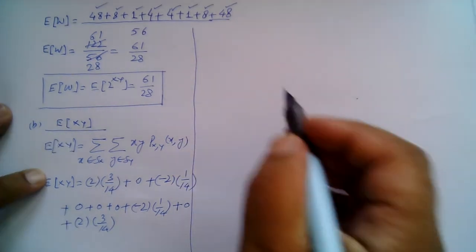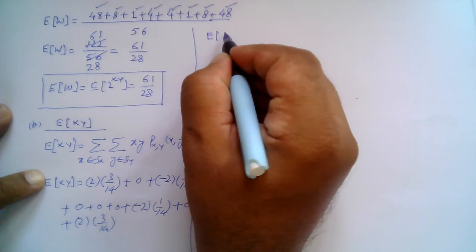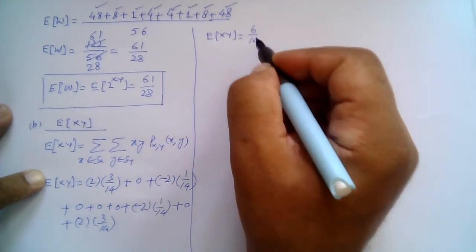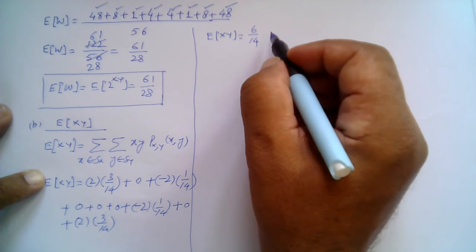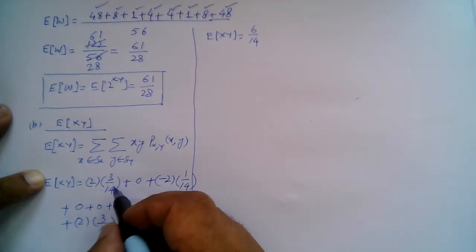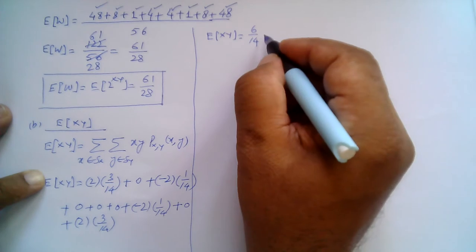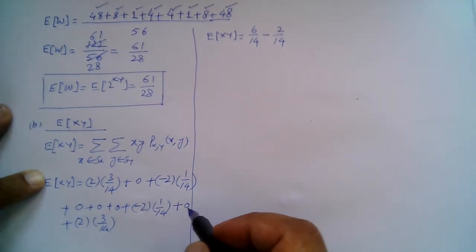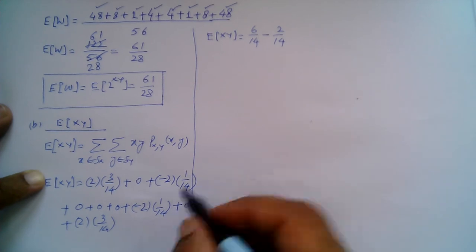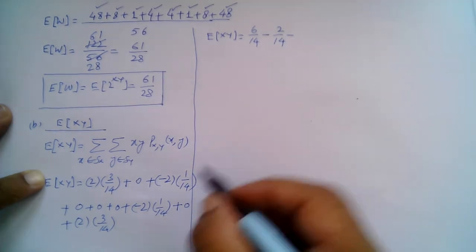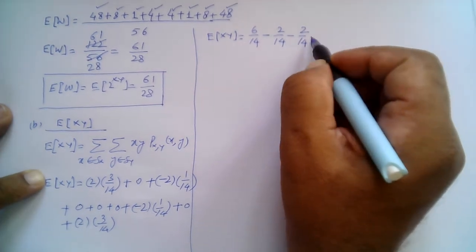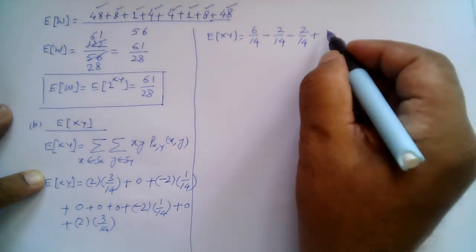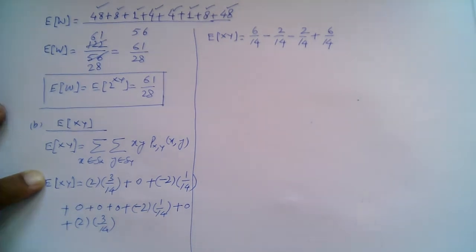So expected value of xy is given by 6 over 14 minus 2 over 14, then again minus 2 over 14 plus 6 over 14, right?